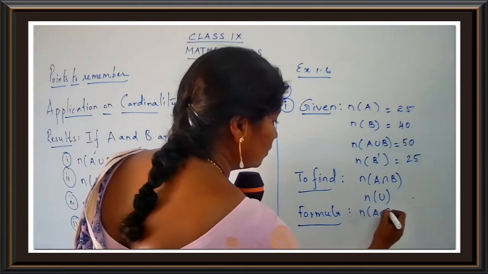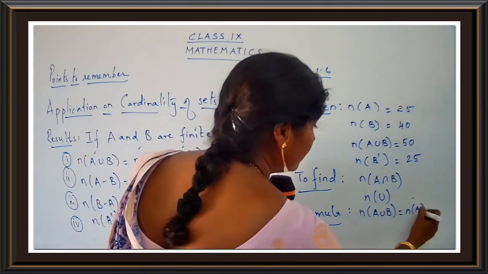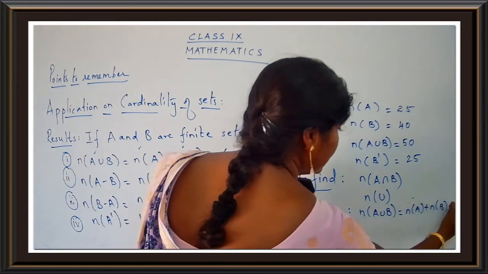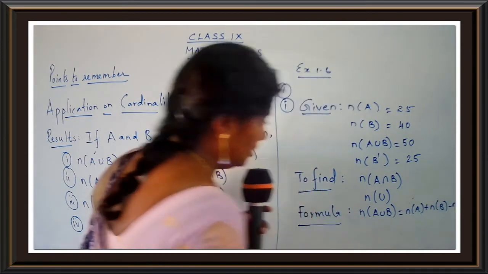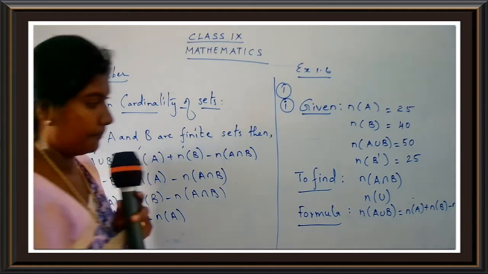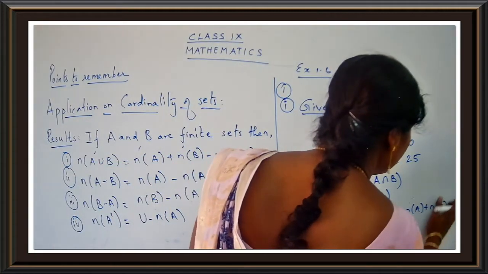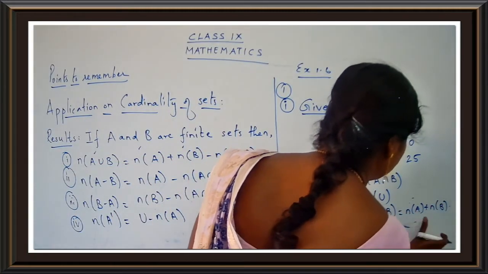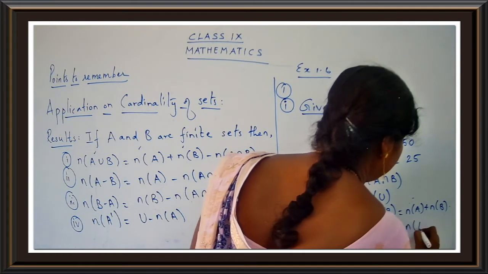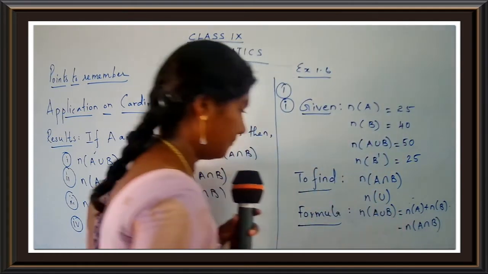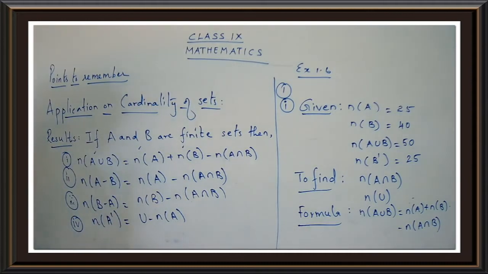So n of a union b is equal to n of A plus n of B minus n of A intersection B. So formula: n of A union B is equal to n of A plus n of B minus n of A intersection B. Okay, so this is for the first one.